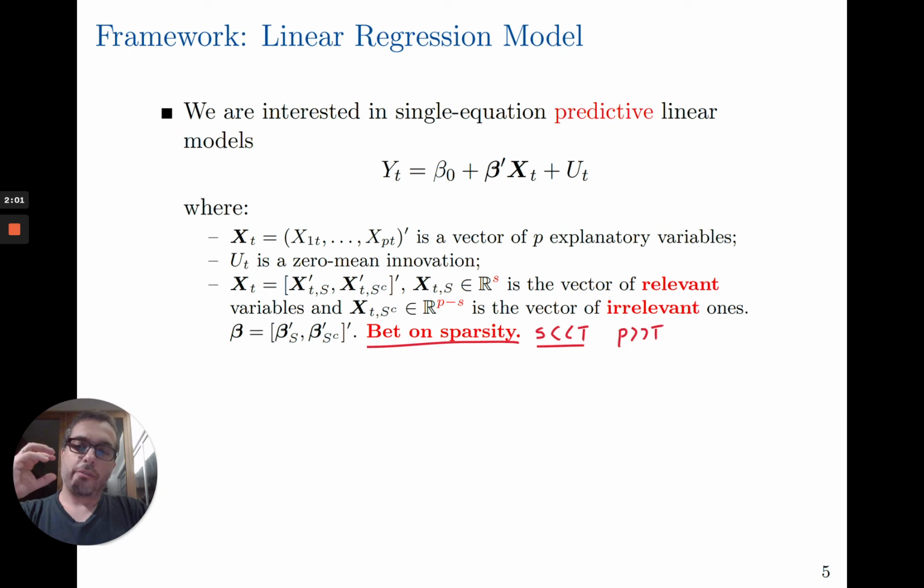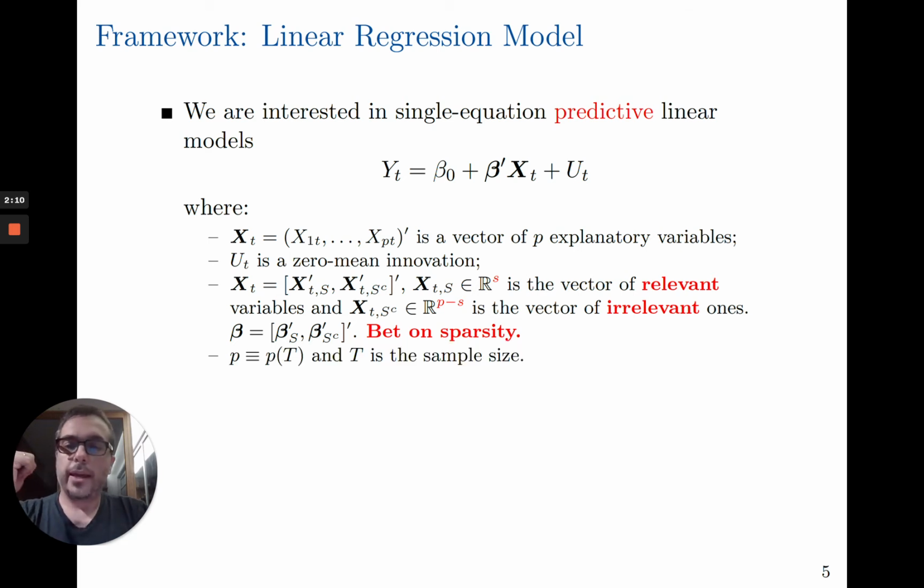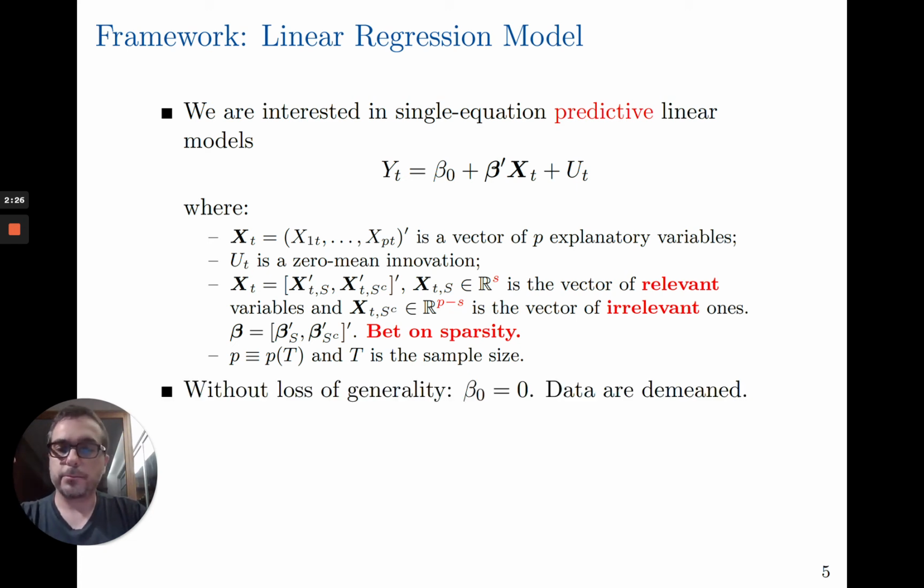So only a very small subset of the variables is relevant. And as I mentioned before, p grows with the sample size, so p is p of t. And of course, we are going to set that s is also an s of t, so s also grows with the sample size.